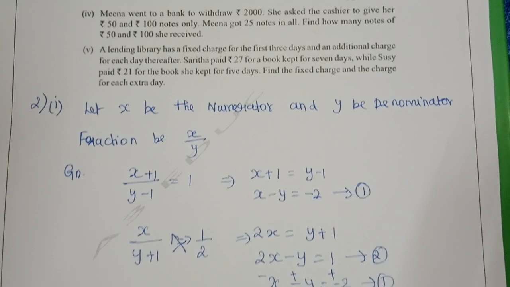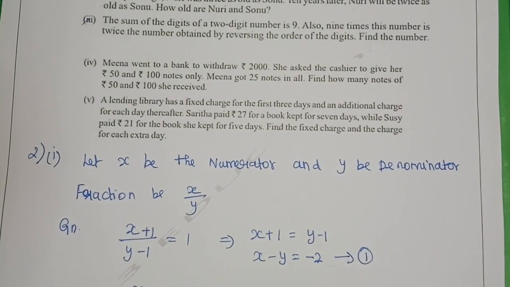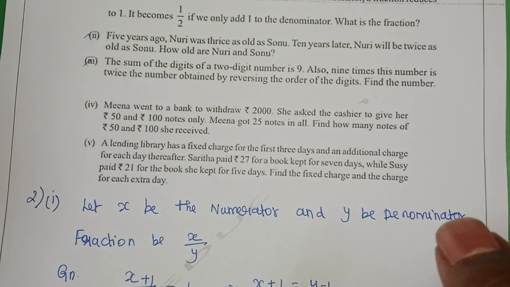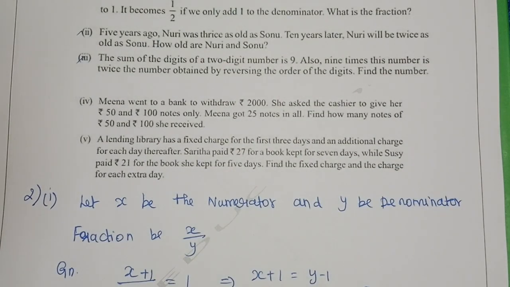The second subdivision is also a very easy question. 5 years ago, Nuri was thrice as old as Sonu. 10 years later, Nuri will be twice as old as Sonu. We want to find the age of both.